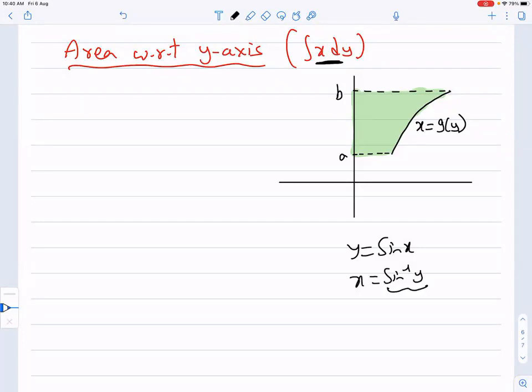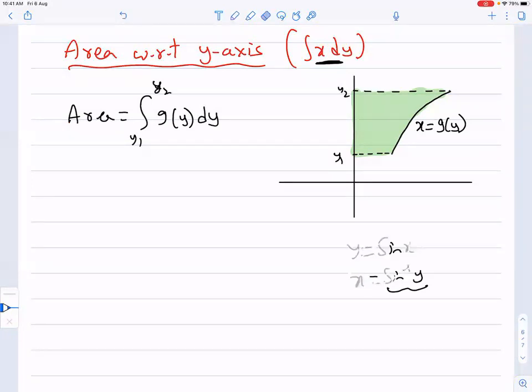Do you understand, students? So the area is the integral. Instead of A to B, I will write y1 to y2. That's better. Integral y1 to y2 of g of y dy. Is it clear, students?